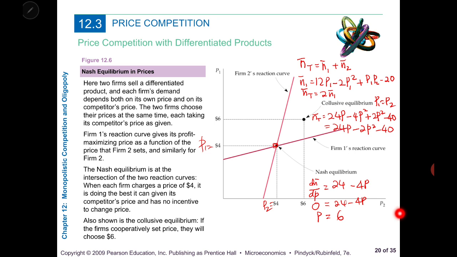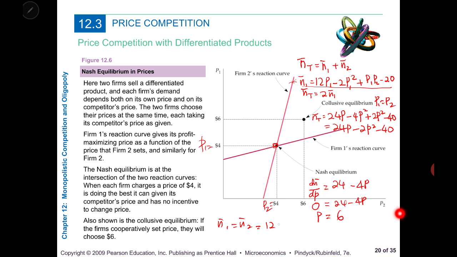Okay, now let's try to find the profit of each firm after they decided to act as a single monopoly, as a single firm. So profit 1 is going to be the same as profit 2 actually. So 12P, remember here 12P, we're looking at this one here.